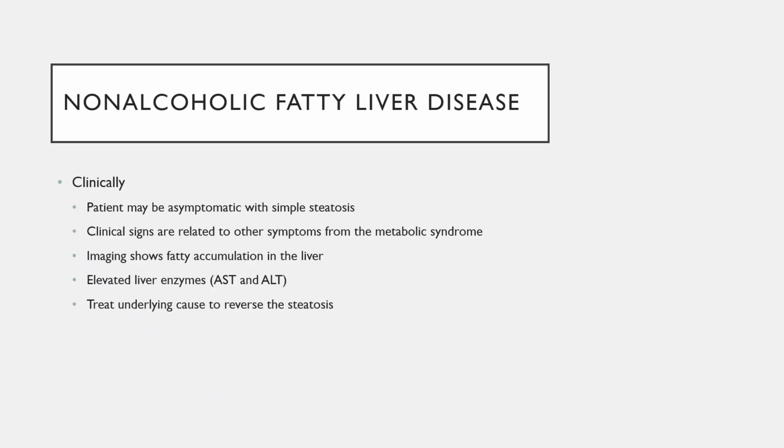Imaging, especially ultrasound, frequently shows that classic bright liver appearance. But remember, imaging suggests fat. Biopsy confirms severity. Now the good news: simple steatosis is often reversible, and unlike alcoholic liver disease, the treatment is not abstinence. It is addressing the underlying metabolic drivers: weight loss, improved insulin sensitivity, dietary changes, or exercise.